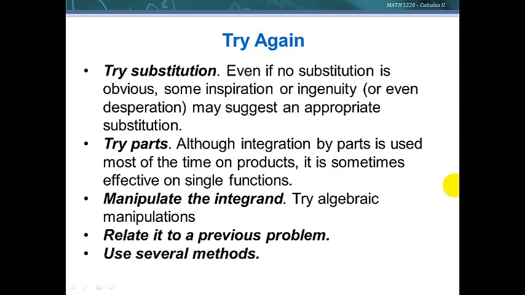One last question before we leave this. Can we integrate all continuous functions? Back when we learned the fundamental theorem of calculus, we learned that if we had a function continuous on a closed interval from a to b, then it was integrable. But can we integrate everything?